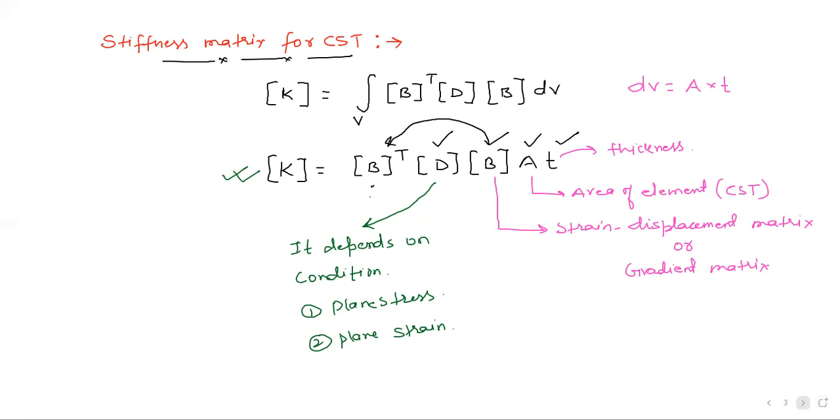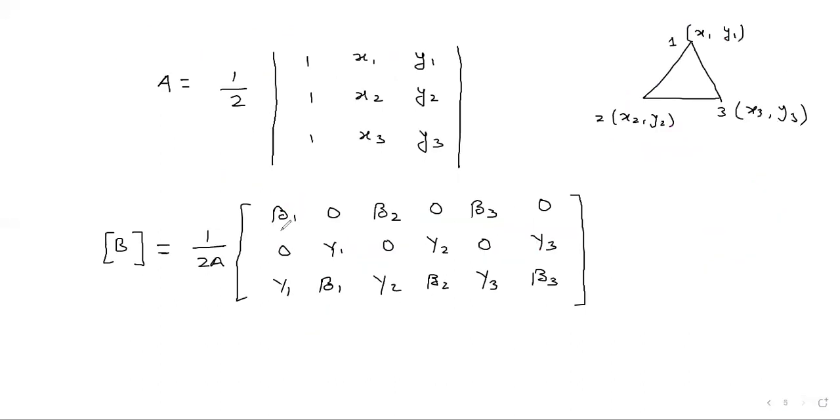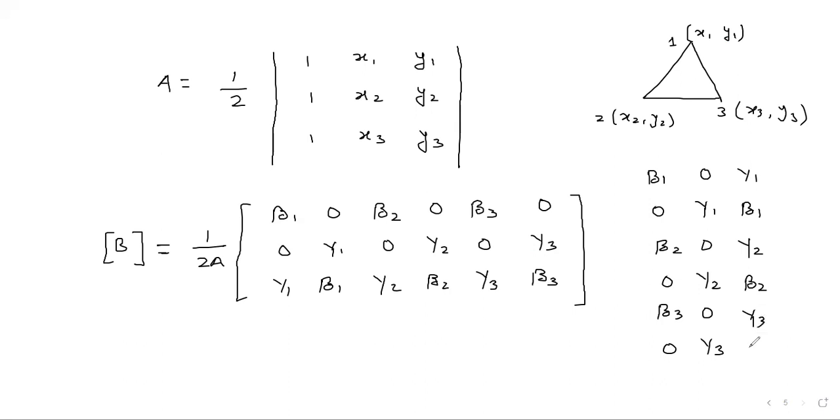B transpose, how will you find it? Simple. If you have this B matrix, just convert the rows into columns. Write the matrix like this: beta 1, 0, beta 2, 0, beta 3, 0; then the second one 0, gamma 1, 0, gamma 2, 0, gamma 3; third one gamma 1, beta 1, gamma 2, beta 2, gamma 3, beta 3.